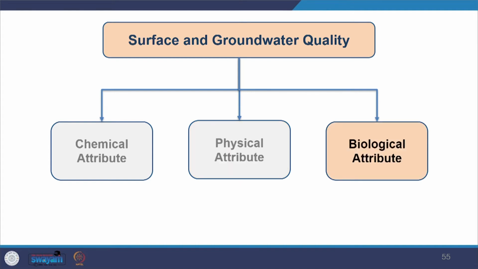Third, the biological attribute. Biological water characteristics are used to describe the presence of microbiological organisms and waterborne pathogens. Many of these can cause health issues for humans and animals. These can enter water bodies either naturally or through release of untreated or partially treated sewage.